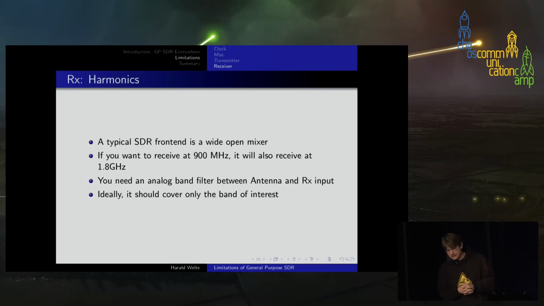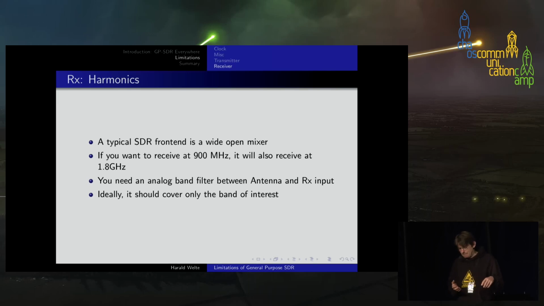So on the receive side, we also have harmonics, not just on the transmit side. And that basically means, well, your SDR frontend is an open mixer. And let's say you want to receive 900 megahertz, but it unintentionally will also receive 1,800 megahertz, because that's twice the amount, and that's the first harmonic.